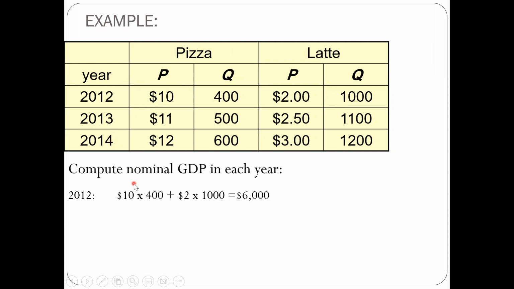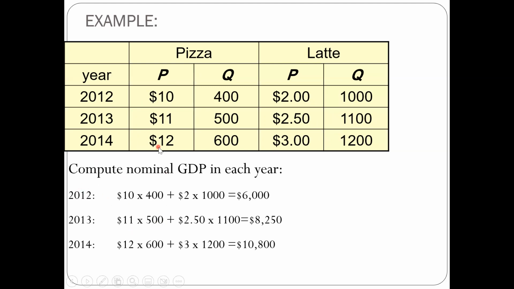In order to calculate the nominal GDP in the year 2013, we use the same process. We have price 11 multiplied by 500 plus the price of latte multiplied by its quantity. For 2014, the same: 12 multiplied by 600 plus 3 multiplied by 1200.